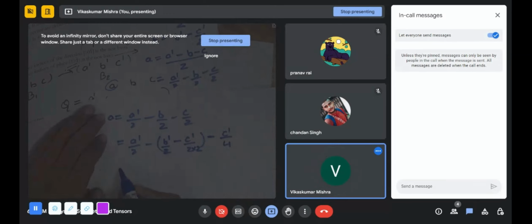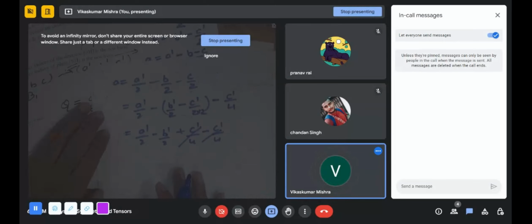Let's find them. A dash over 2 minus B dash over 2, plus C dash over 4 and minus C dash over 4. It got cancelled. So A is A dash over 2 minus B dash over 2. So we got the value of A.